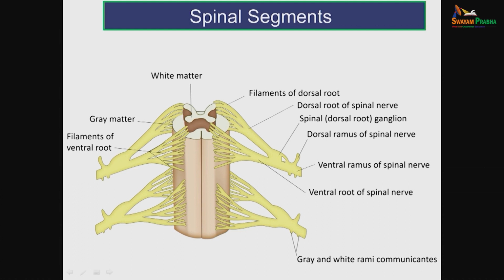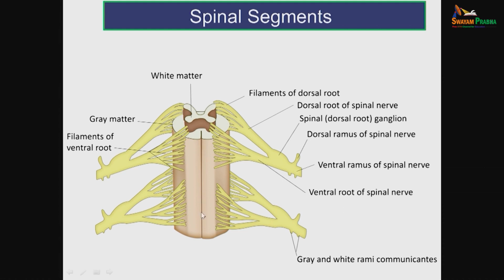The dorsal root presents a ganglion which is called the dorsal root ganglion. Ventral root is motor, dorsal root is sensory. Both roots join and form the typical spinal nerve which will come out of the intervertebral foramina. This typical spinal nerve divides into a ventral ramus and a dorsal ramus.